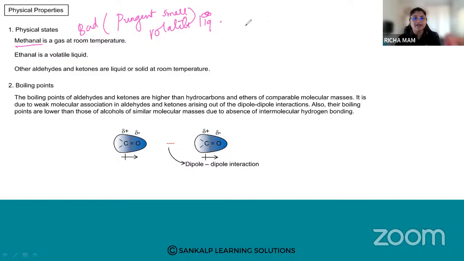And its boiling point is 294 Kelvin. And the higher aldehydes and ketones are liquid.